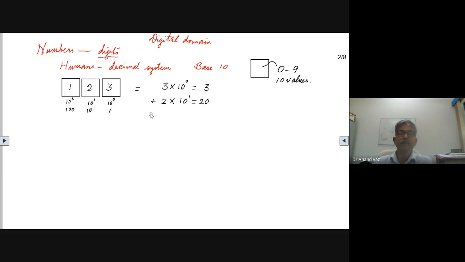And we have the third one here, that is 1 into its weightage, which is 10 raised to 2, that is 100.